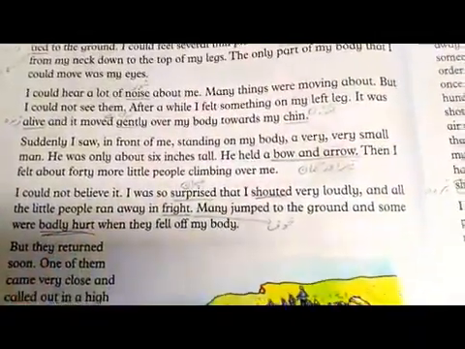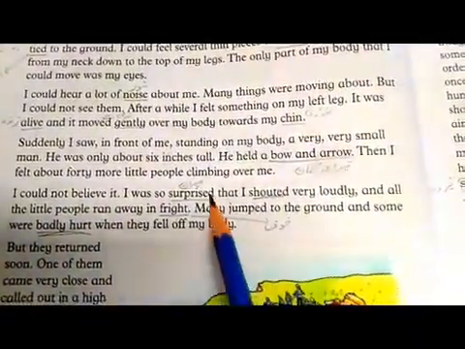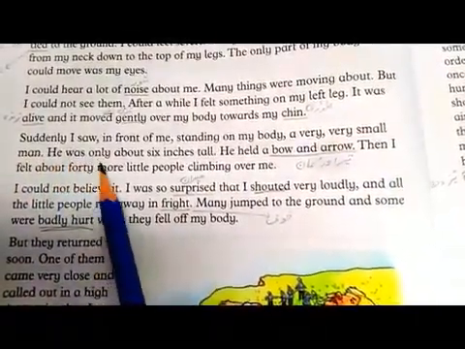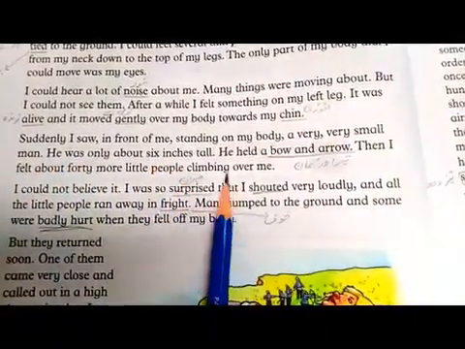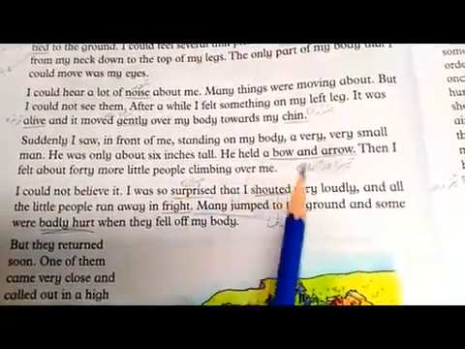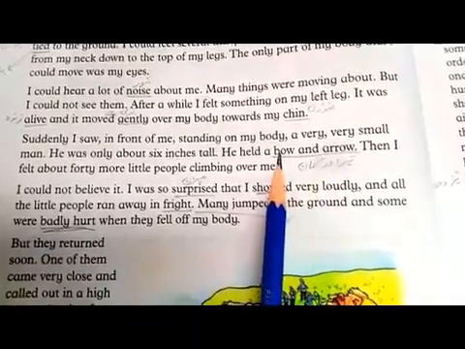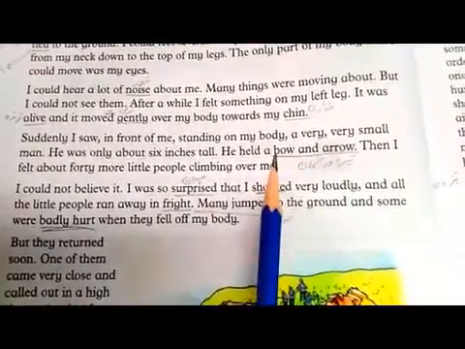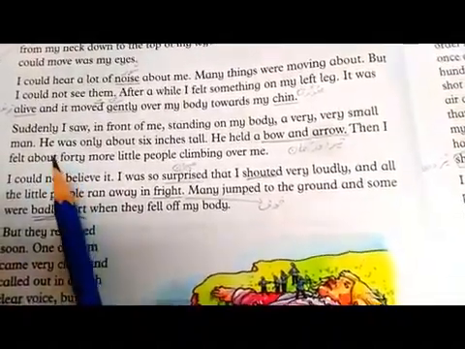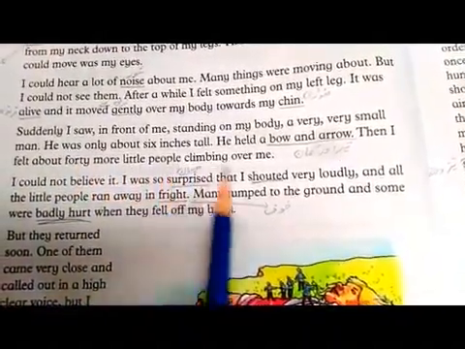Suddenly I saw in front of me, standing on my body, a very small man. He was only about 6 inches tall. He held a bow and an arrow. You people are familiar with tir or kaman, as we say in Urdu. Then I felt about 40 more little people climbing over me.